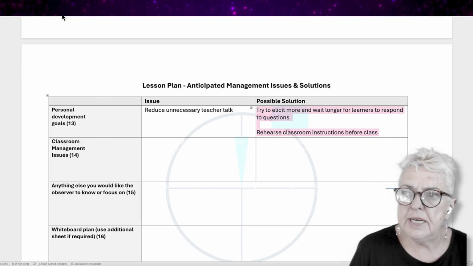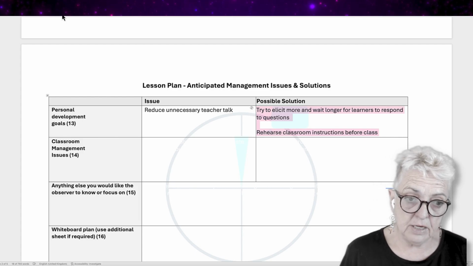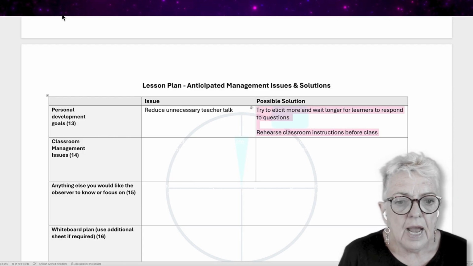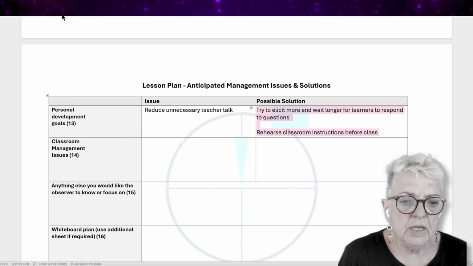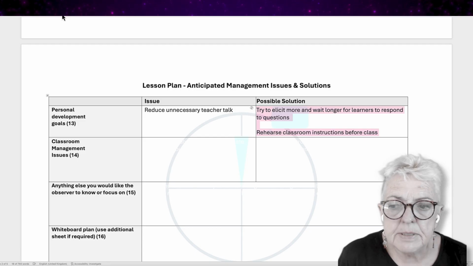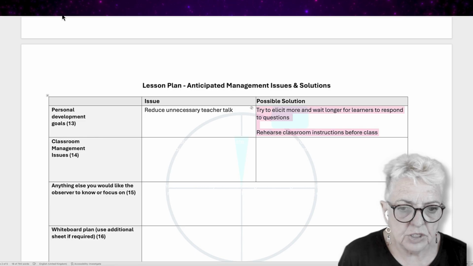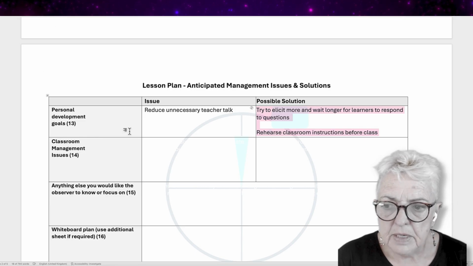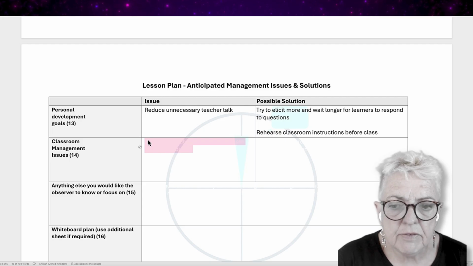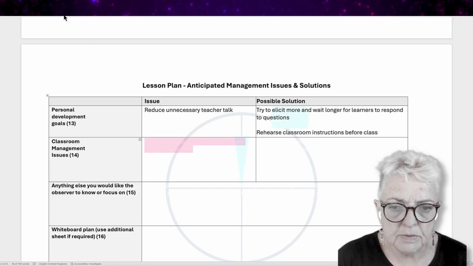There's a great temptation to jump in and answer A, student questions, and B, your own questions to students. And rehearsing classroom instructions and improving them absolutely reduces teacher talk. So personal development goals, all sorts. I've given lots of examples of different goals in the information sheet.